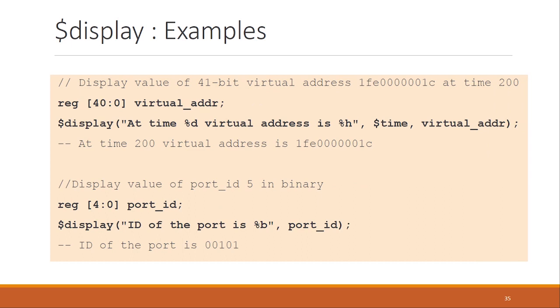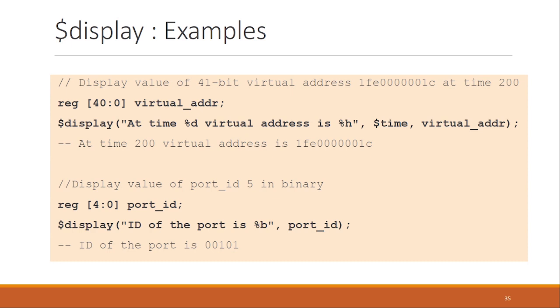And there are a couple of more examples given here about what you can do with display. Here we are using formatting specifiers. At time %t, virtual address is %h.